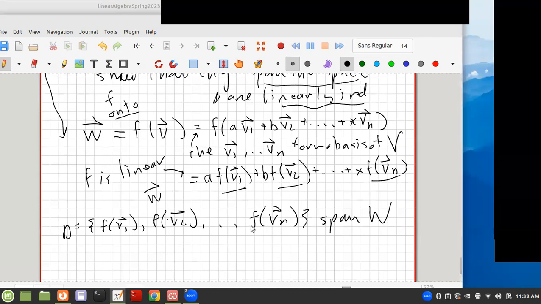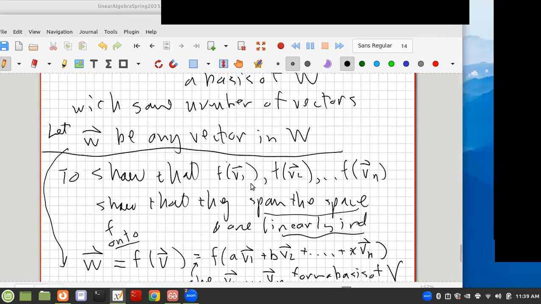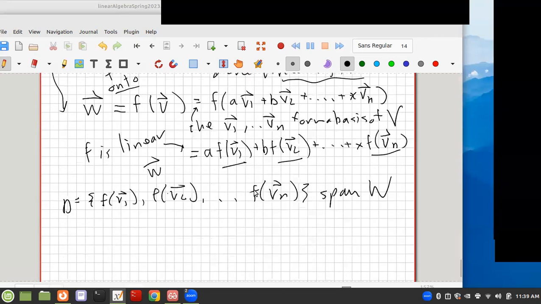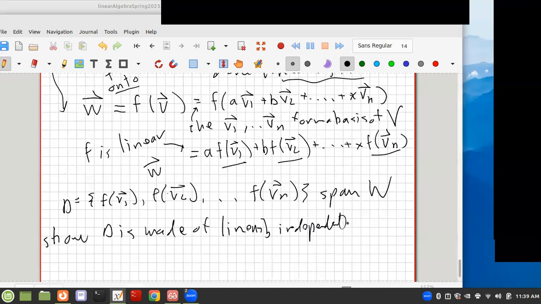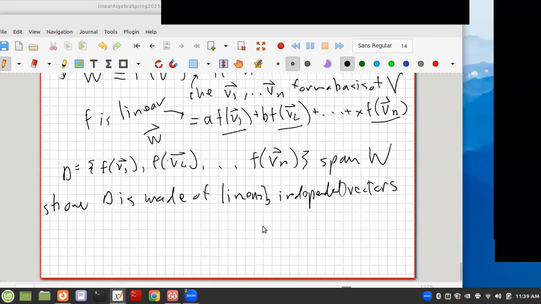Now, we have to show this set is linearly independent, because then it will be a basis, right? To show that these vectors are linearly independent, we have to show that D is made of linearly independent vectors.